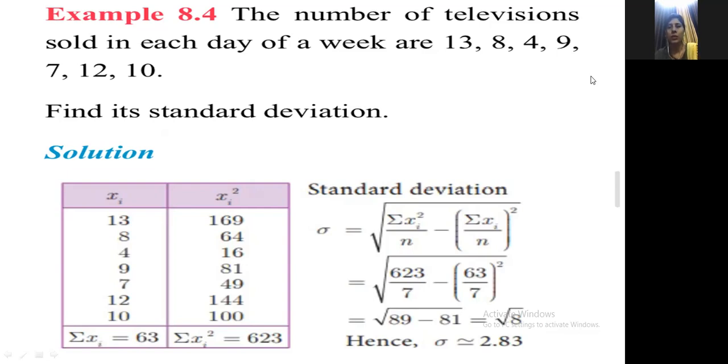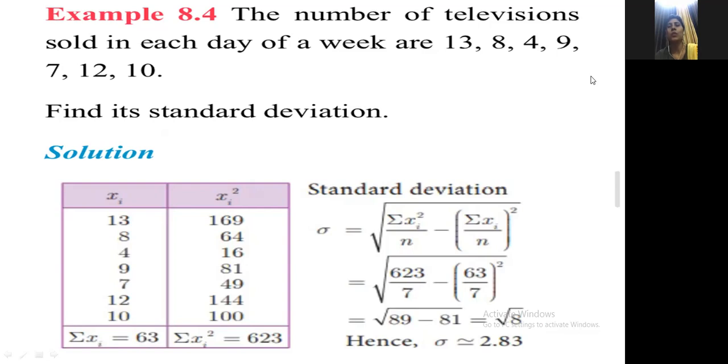Here we are using sigma is equal to the square root of summation xi square upon n minus the whole square of summation xi upon n. Summation xi square we have already calculated in the table, that is 623. And the number of observations is 7. So we have 623 divided by 7 minus summation xi over n whole square.